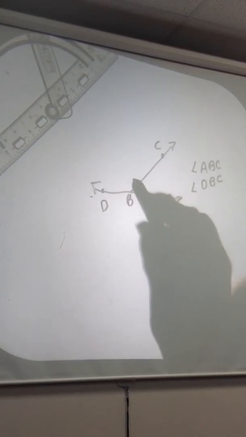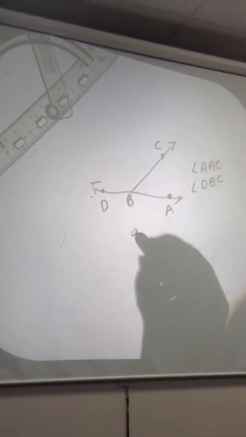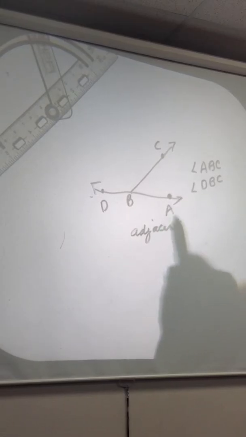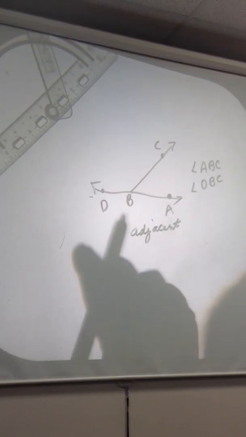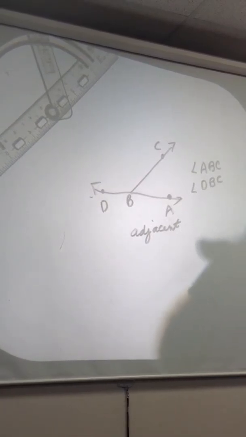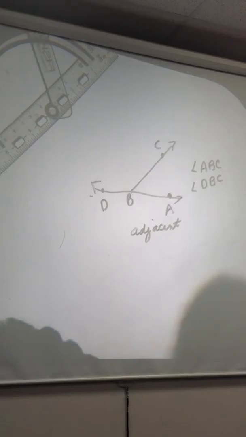And they have a special name. Do you know what that name is? They are called adjacent angles. They touch each other, they have a common side. Okay, so that makes them adjacent. Now, adjacent angles do not have to add up to 180. You can have this kind of a situation.